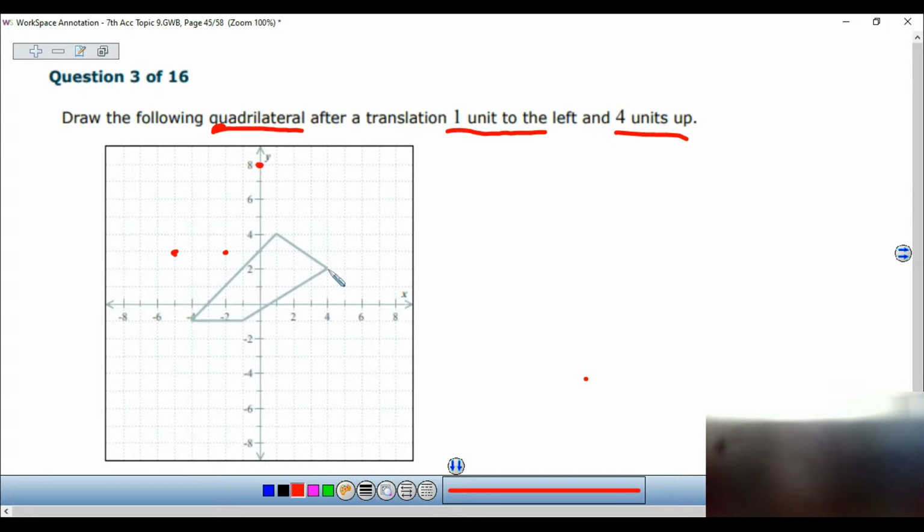And this point, 1 to the left and then 1, 2, 3, 4. Now we're just going to connect those points. And we have our quadrilateral shifted 1 unit to the left and 4 units up. All right. Any questions on that?